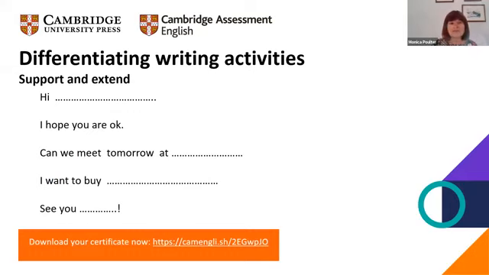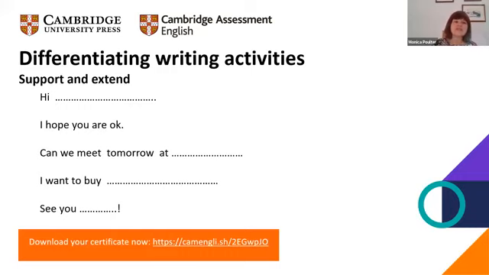So your poor writers might find it difficult to use those phrases to actually draft the whole email, but by giving them the key phrases and giving them gaps to fill in key information, you're providing them with lots of support. And as I've mentioned before, you need to think of your stronger writers here and have an extension task in line for them.